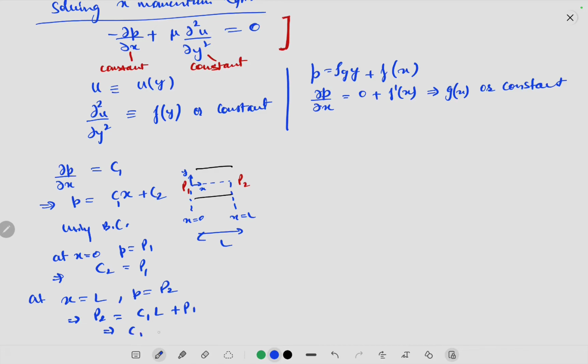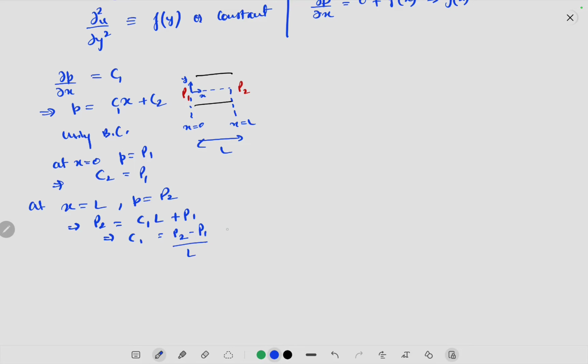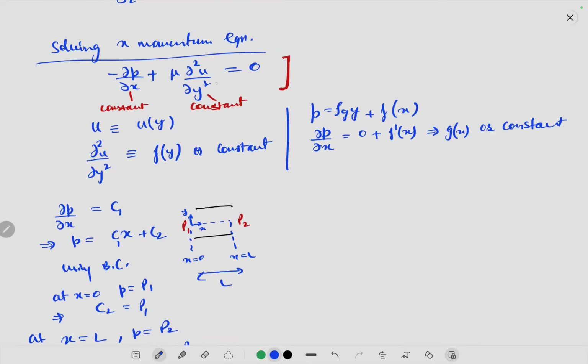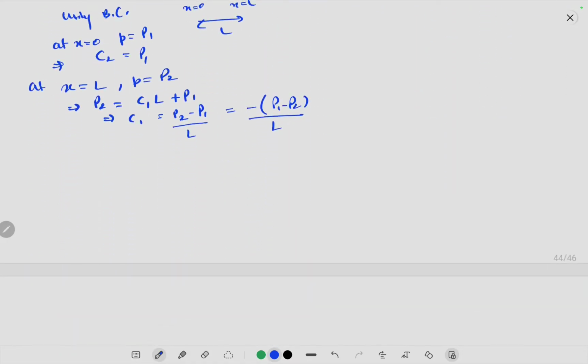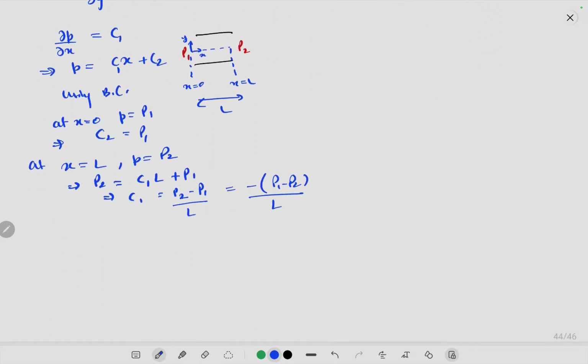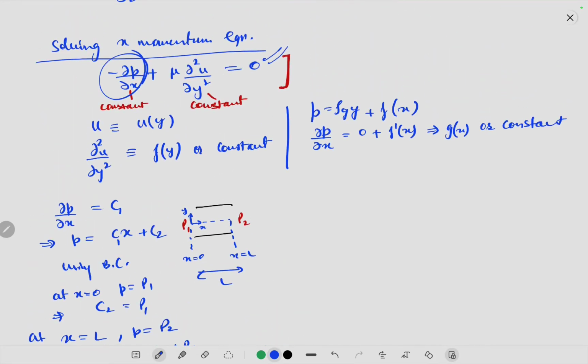So c1 will be P2 minus P1 by L, but P1 is greater than P2, so I should write this as minus of P1 minus P2 by L. Okay, so now since I want the profile of the fluid flow, I'll use this equation. Since I know del P by del x now, what is minus del P by del x? Minus del P by del x is minus c1.